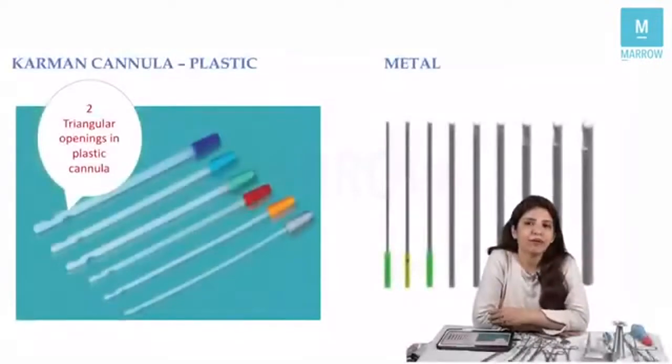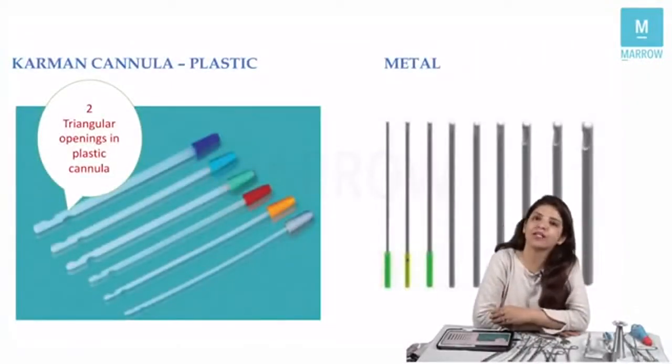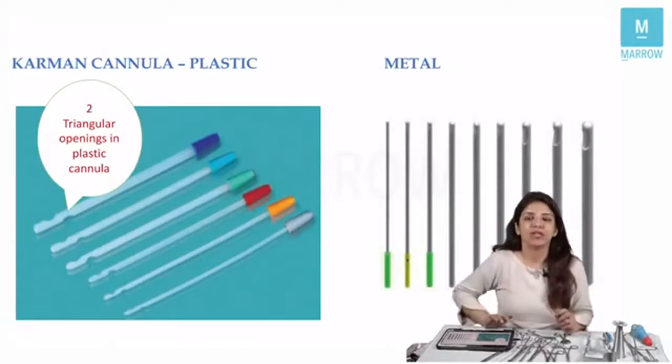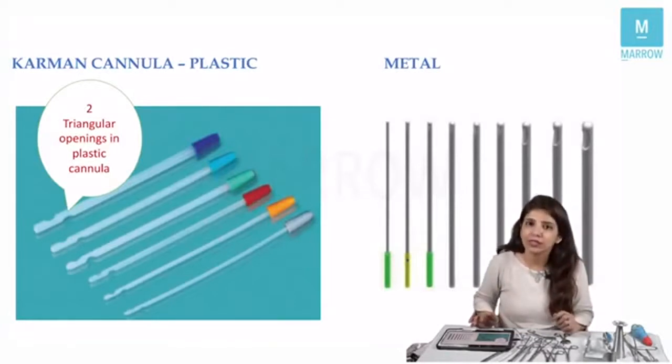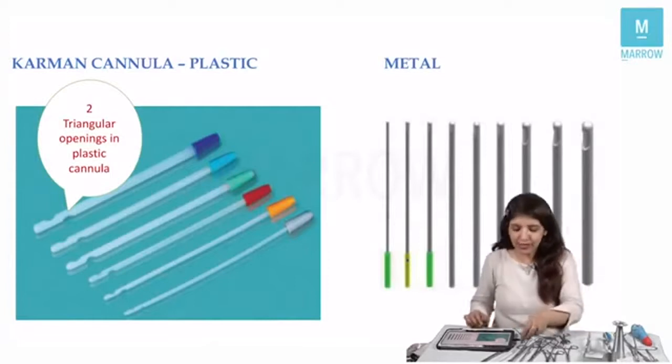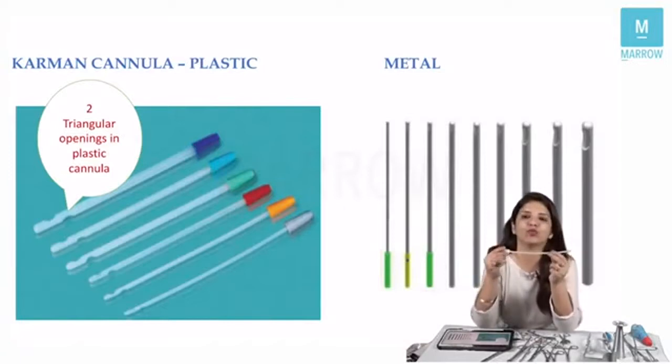So after talking about the instruments used in dilatation and curettage, now let's have a look at the instruments used for suction and evacuation, right? As you all know, between 7 to 12 weeks, the best method for MTP is suction and evacuation, and this is done with the help of a plastic cannula called Karman's cannula, right?